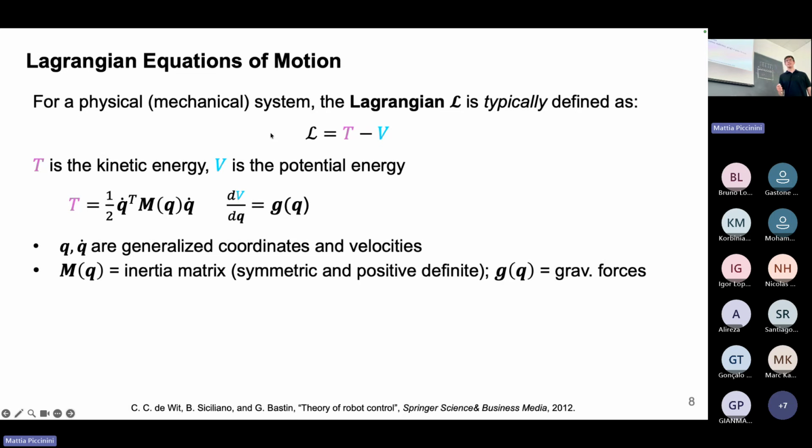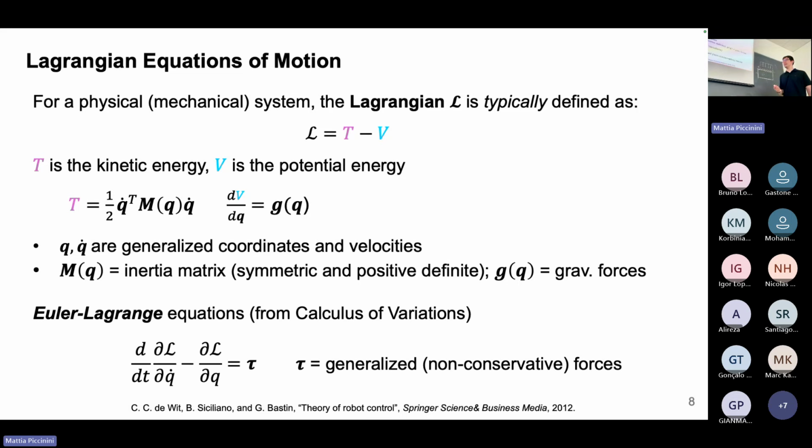It's a matrix in general, and it's symmetric and positive definite by definition. And G of q, the derivative of the potential energy with respect to q, is the collection of all the gravitational forces acting on the system, or all the conservative forces, more in general.